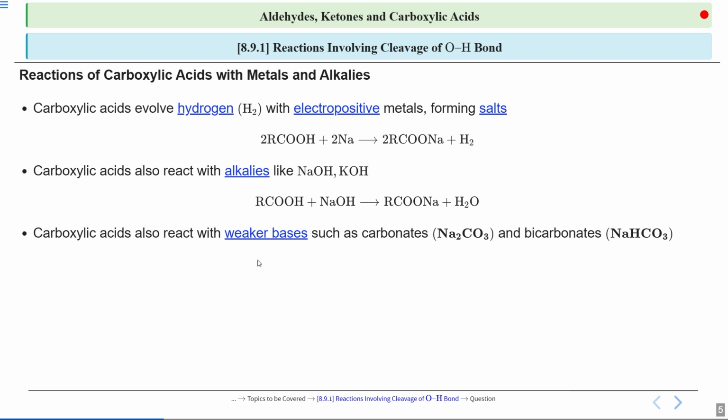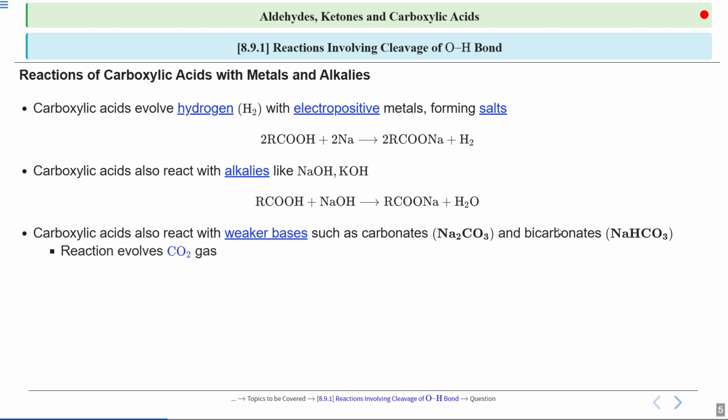Now carboxylic acids can also react with weaker bases like carbonates, which is Na2CO3, and bicarbonates, which is NaHCO3. These reactions are quite useful in various applications, such as in baking, where bicarbonates are used as leavening agents.